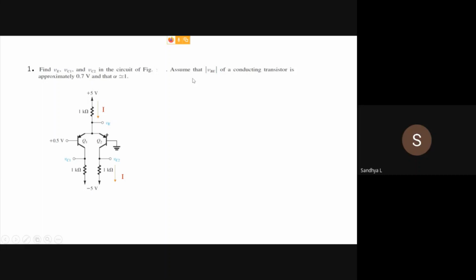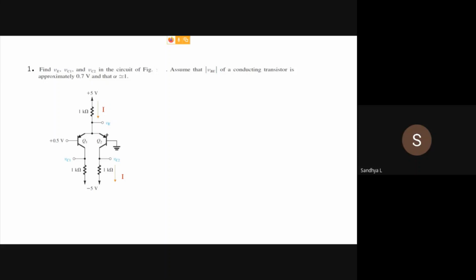Why modulus? Because for a PNP transistor, it is actually minus 0.7. For an NPN transistor, it is plus 0.7. What do you mean by plus 0.7 or minus 0.7? That is, base is more positive than emitter by a value of 0.7 in the case of an NPN transistor, and base is more negative with respect to emitter in the case of a PNP transistor.